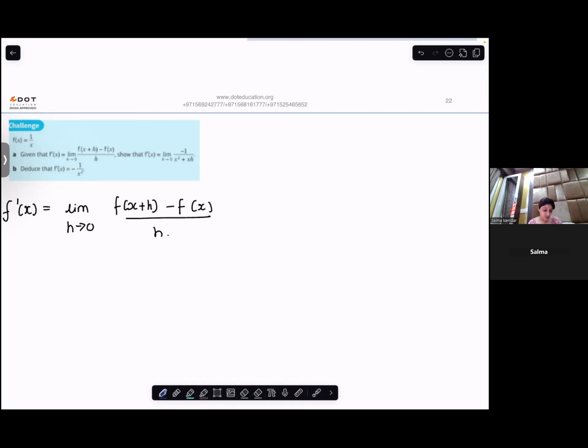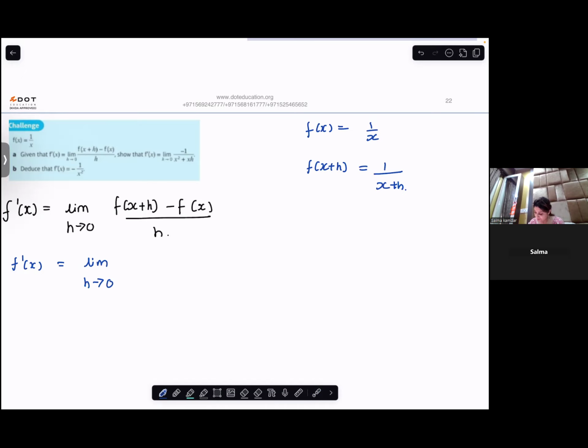Since they're asking you to prove it through the principle, I know my f of x is nothing but 1 by x. So my f of x plus h will be nothing but 1 over x plus h. If I substitute these values in my definition of the derivative, what I will get is f dash x is equal to limit h tends to 0.